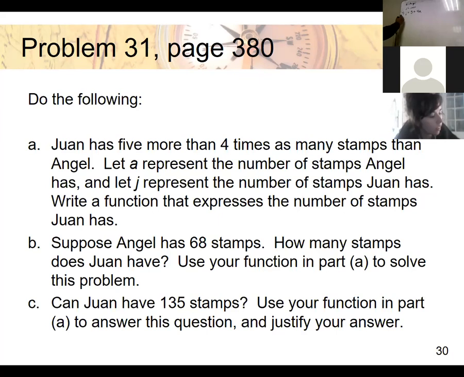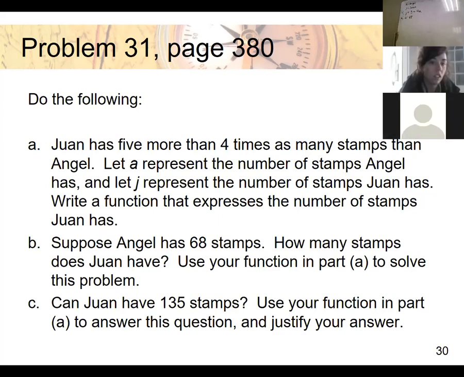And part B: suppose Angel has 68 stamps. How many stamps does 1 have? You're going to use the function in part A to solve this problem. In this case, Angel has 68 stamps, so we're letting A equal 68 because we let A be the number of stamps Angel has.